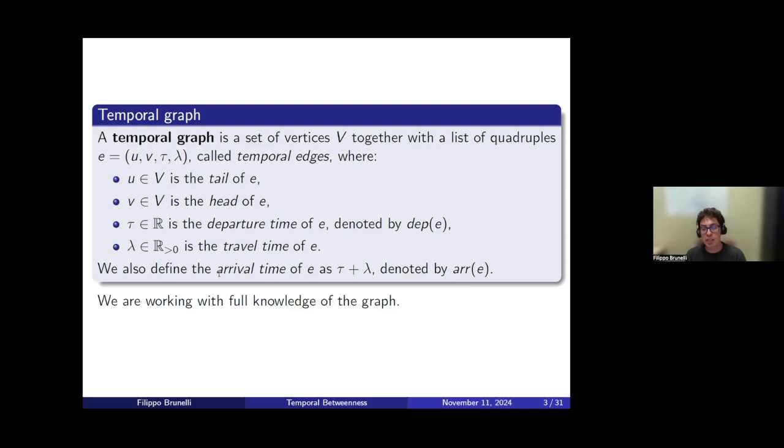So we are working in a setting where we have full knowledge of the temporal graph, and we are executing some computation on the temporal graph while having full knowledge. So the set V and the set E of temporal edges are given as inputs for the algorithm that we're going to see. They are given through a specific type of representation, but we're going to talk about that later.